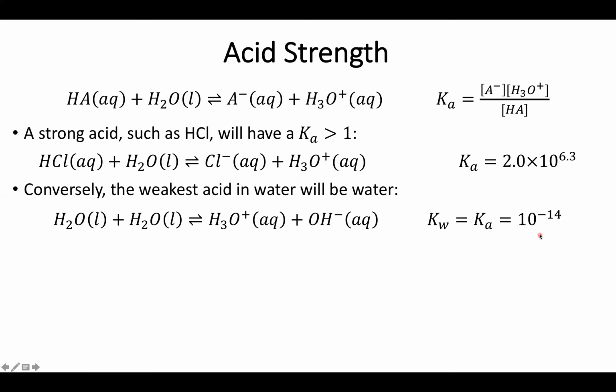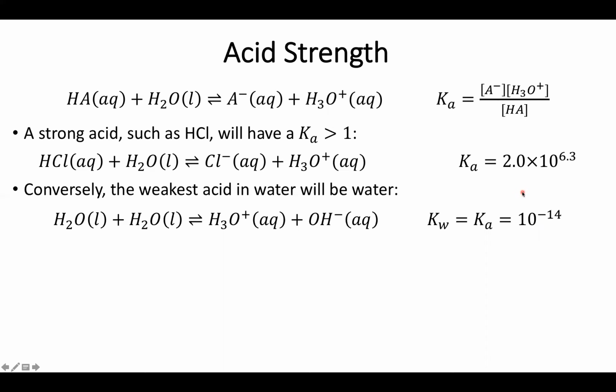This will pretty much be the lowest Ka you'll ever see, about 10 to the negative 14th, because anything else is a worse acid than water. And water has a lot of concentration going for it. So pretty much anything else we can assume won't fall apart at all, won't act as an acid at all.